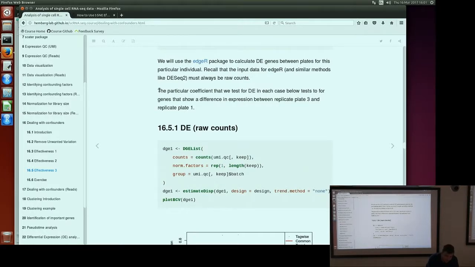And the test that we do below looks for a difference in expression between replica plate 3 and replica plate 1. So that's just one way of defining differentially expressed genes. If we wanted to, we could do it differently with different contrasts, but I think this is sufficient for this particular comparison.